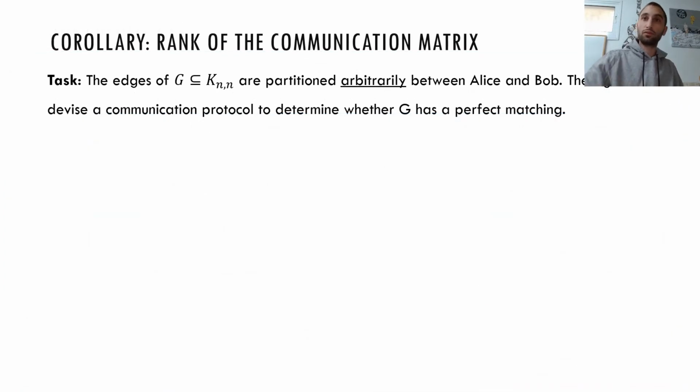Okay, so let's briefly discuss the first corollary in more depth. Consider the following two-party communication problem. First, we fix any arbitrary partition of the complete bipartite graph's edges into two sets. For example, consider a partition in which we take all the edges incident to some subset of the left vertices, and the other part is the remaining edges.